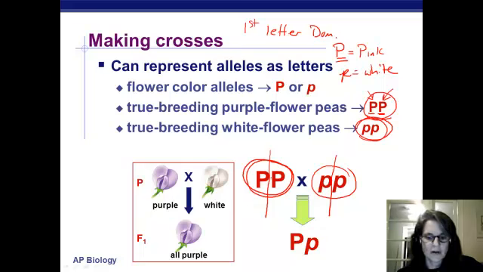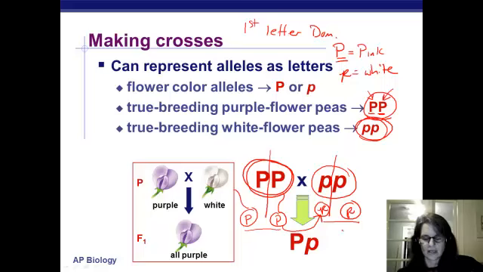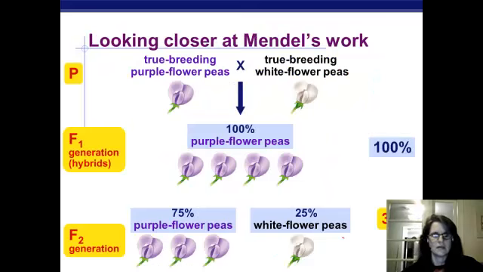And each sperm, if this is dad, he's going to produce sperm, but each sperm can only get one big P. They cannot carry two to the offspring. Same with mom. Her eggs can only have one little p. If Mr. Sperm fertilizes an egg, there's only one option. There's only big P's meeting little p's, so the offspring all have to be big P, little p.